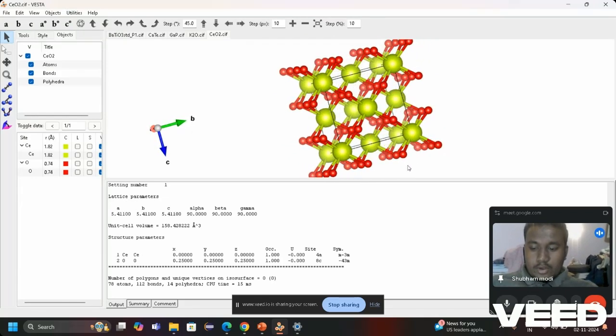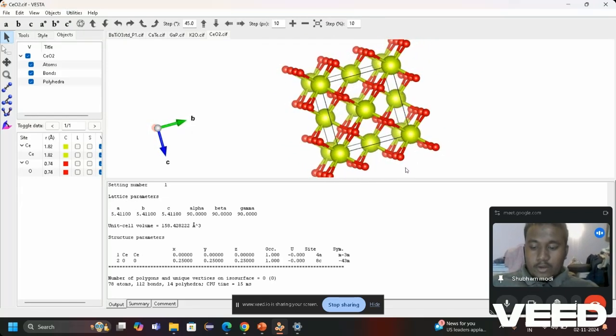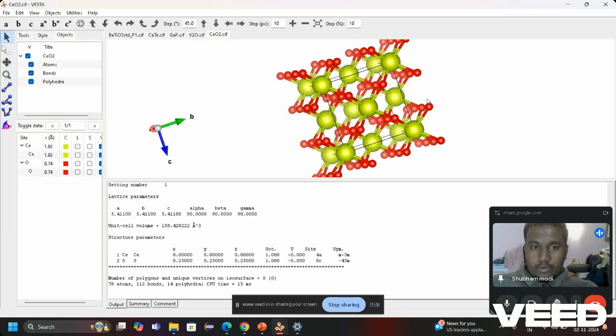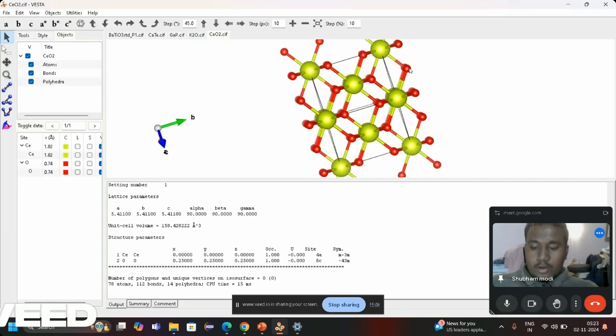This shows the cerium atoms form an FCC lattice and oxygen atoms occupy all tetrahedral sites. Each cerium atom is coordinated by 8 oxygen atoms and each oxygen atom is coordinated by 4 cerium atoms, leading to 8:4 coordination. So the previous one and this one both have 8:4, which means 2:1 coordination.